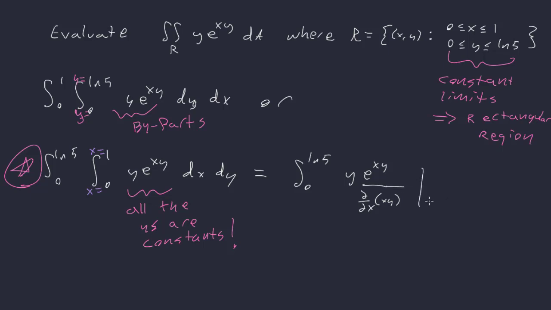Okay, and then we will plug in the 0 and 1 into x. All right, so we'll have the integral from 0 to natural log of 5, y, e to the xy, and the partial derivative with respect to x of xy is y. Okay, and now we're going to plug in x equals 0 and x equals 1.